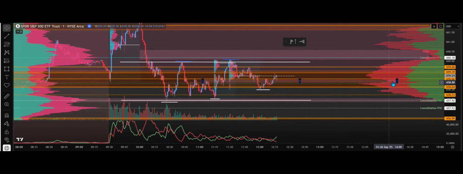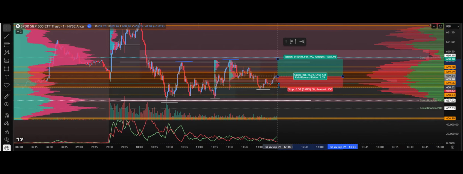So if this low volume node right here is acting as support, price is starting to push up out of there. We're making higher lows. It's starting to break this downtrend point of control. This is a trade I would definitely like to take. And let's put a long trade right there. We can put our stop loss maybe below the point of control on the session, below that low volume node.